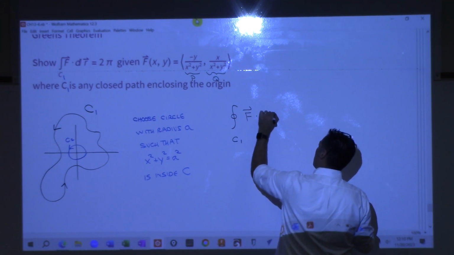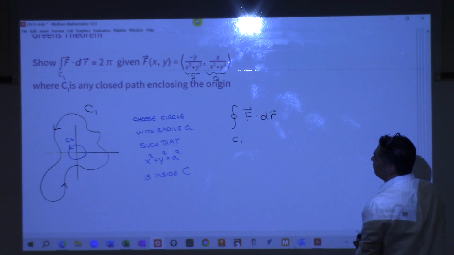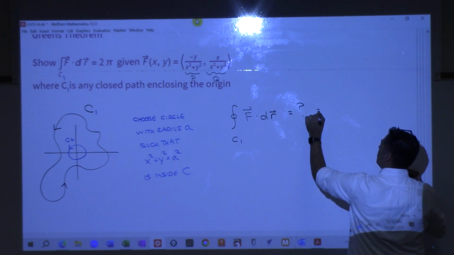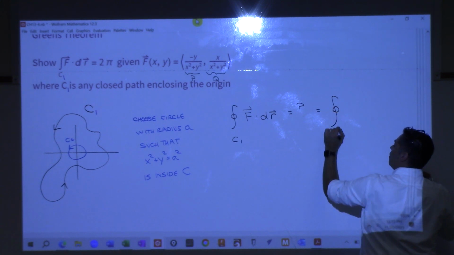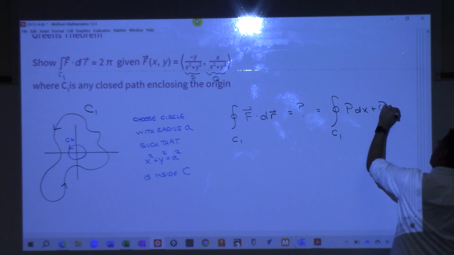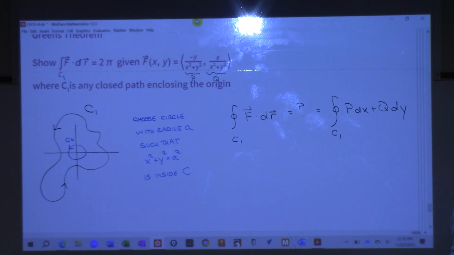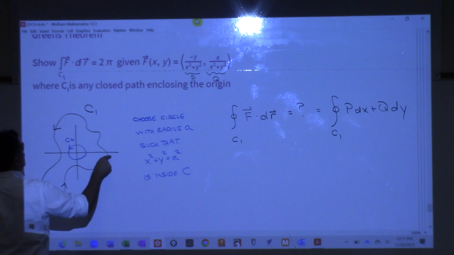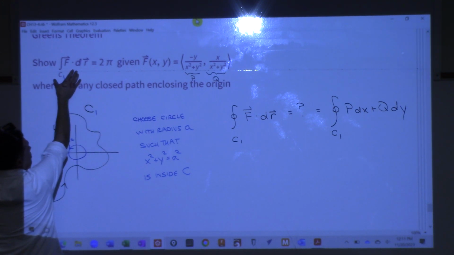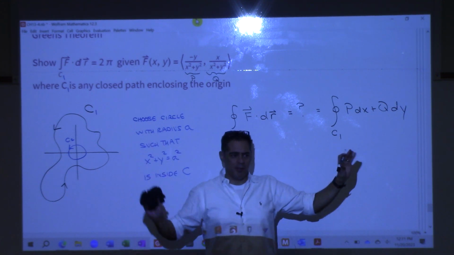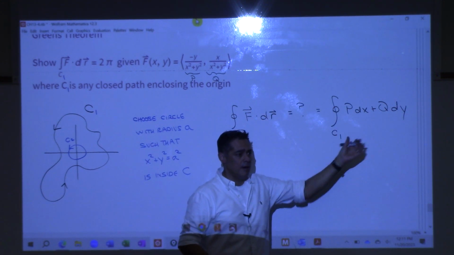The original thing we're looking for is this, which, just so that we have notation, is the line integral over C1 of P dx plus Q dy. Do you all agree with that? Just by the definition, if I change the name of this curve to C1, that's what we wanted to know, right? And that notation just means this. So I'm not having to use any Green's theorem, I'm just writing down exactly what it is that we want to know.